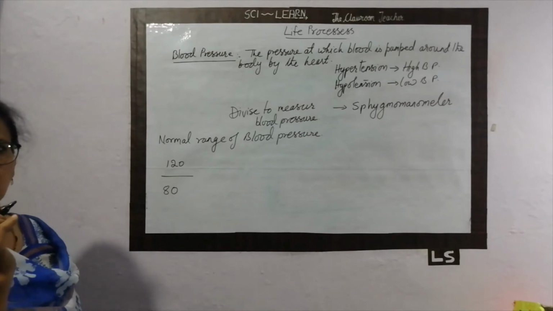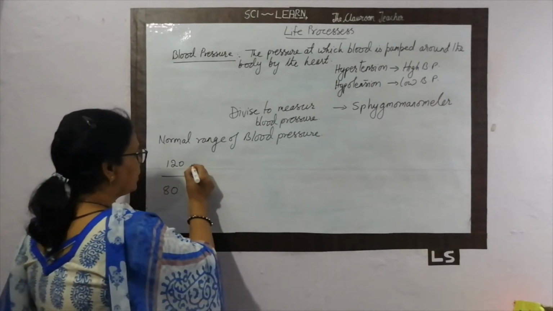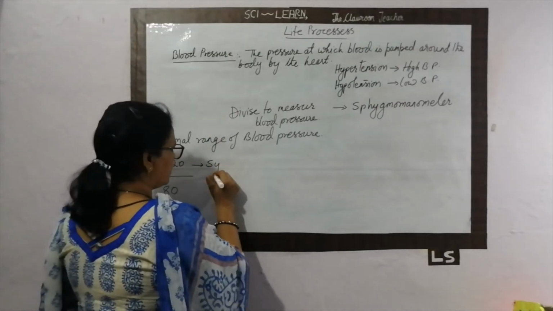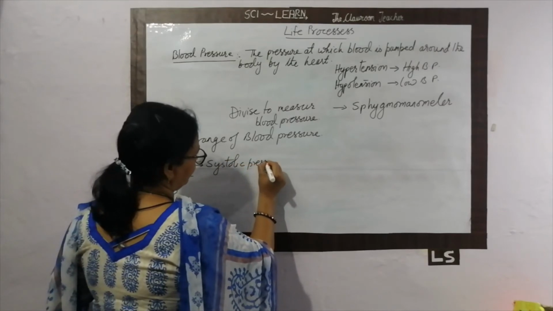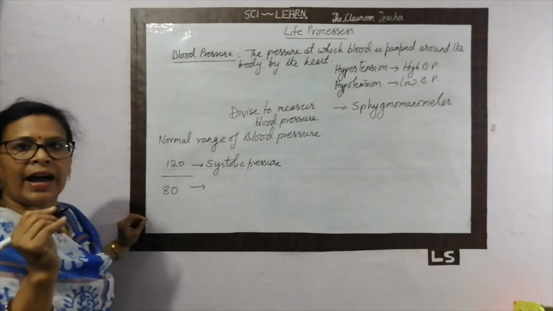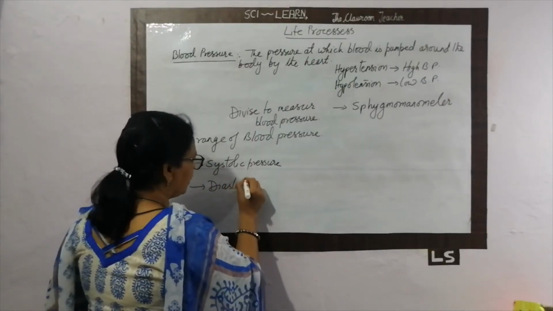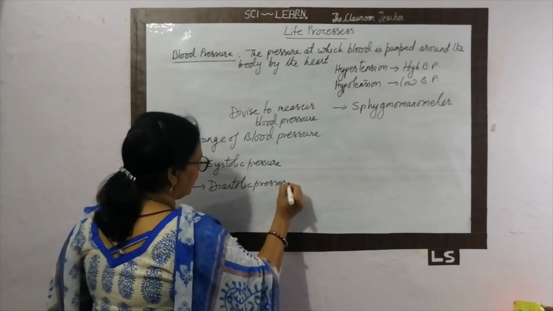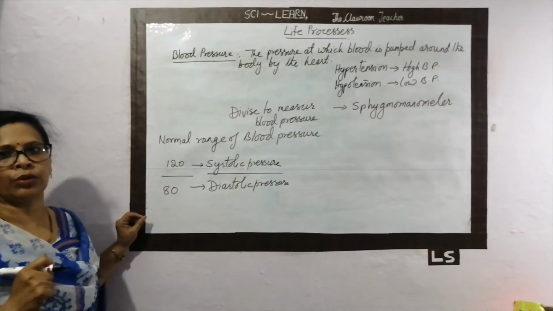The upper part, 120, is called systolic pressure. And the lower measurement is called diastolic pressure. So we are taking the ratio of systolic and diastolic pressure.